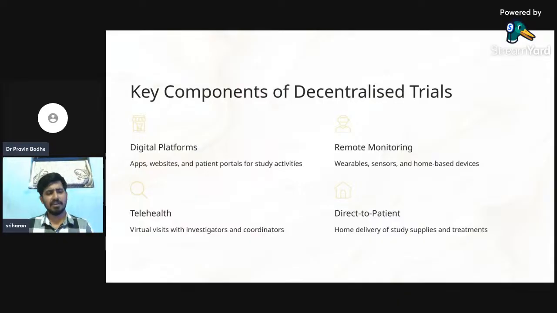If we experience any side effect related to the study, we report it through telephone, that is telehealth, directly to the patient. While collecting samples, there is home delivery: our CRO goes to the home, collects the sample, and comes back to the research site. It is a direct approach to the patient.